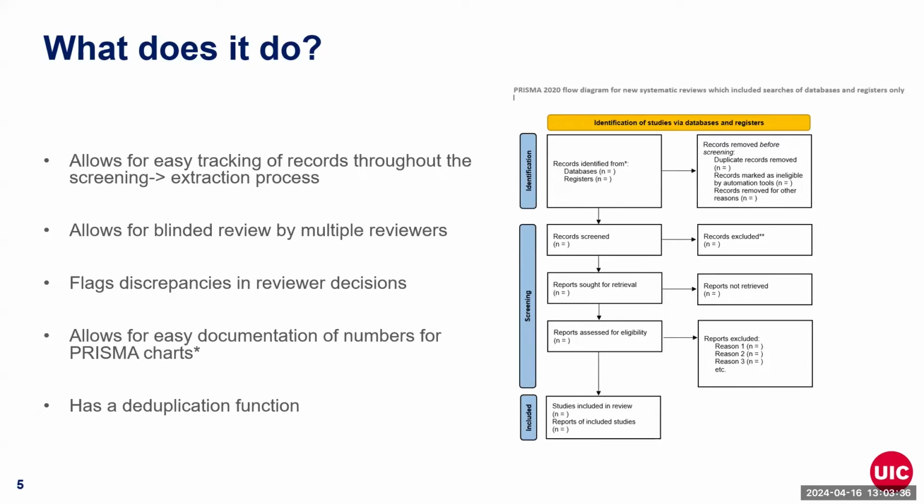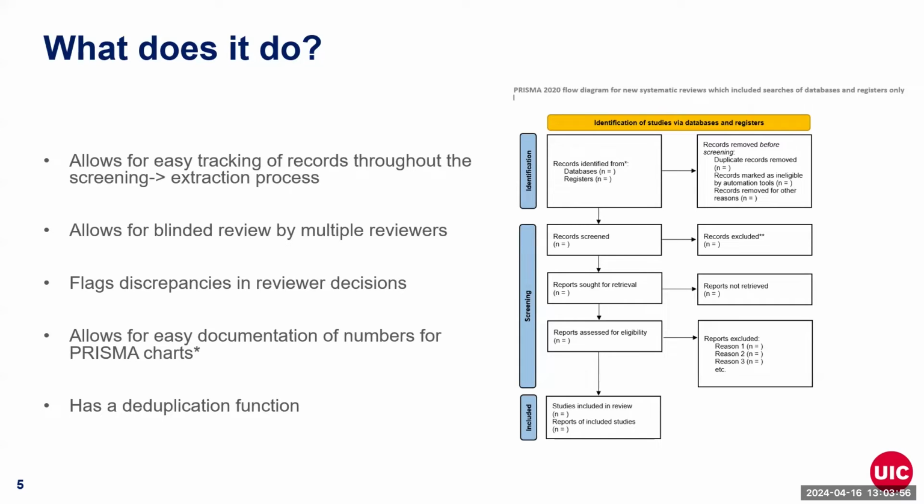So what does it do? Here on the right-hand side, I have an example of a PRISMA chart, because there'll be different parts of this where Covidence is very helpful. What Covidence does is it allows for easy tracking of records throughout the screening and extraction process.